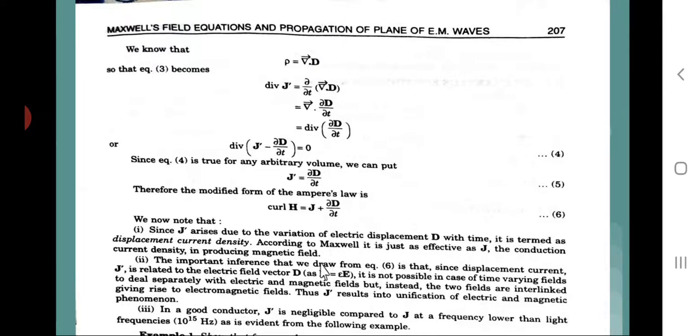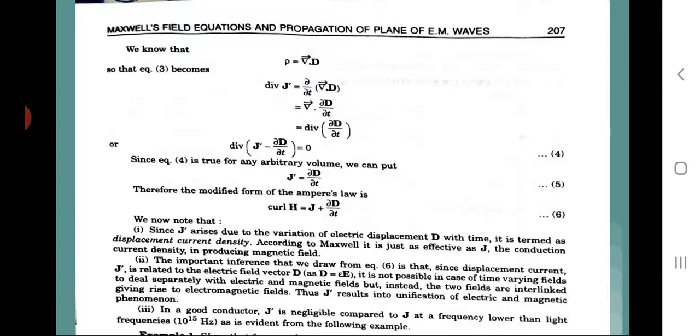We note that since J dash arises due to the variation of electric displacement D with time, it is termed as displacement current density. According to Maxwell, it is just as effective as J, the conduction current density, in producing a magnetic field.